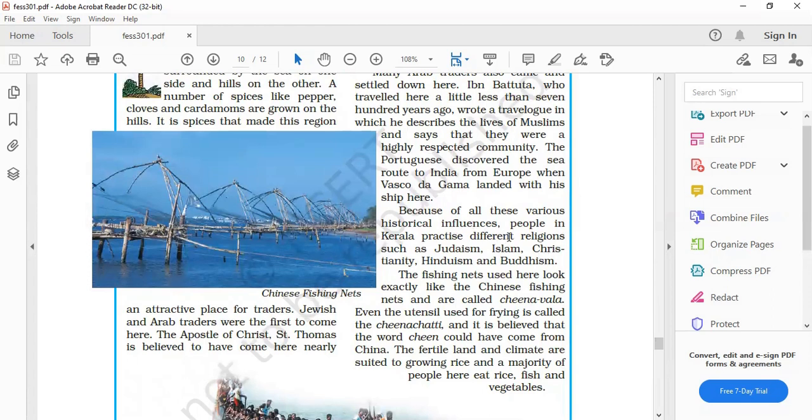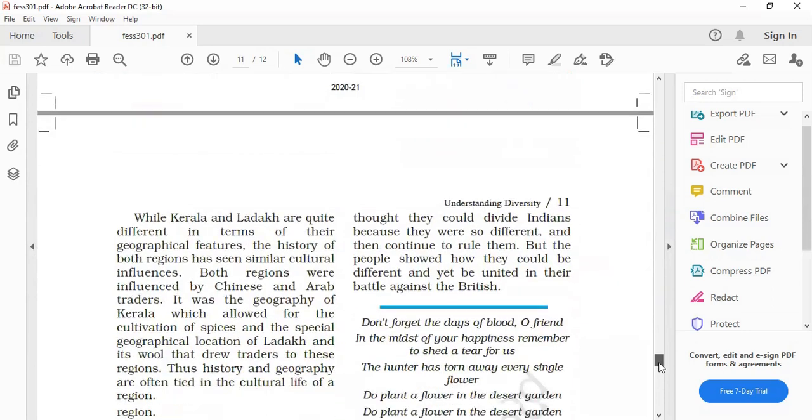See, historical influences, various historical influences. And next is a very important question, Chinavala and Chinachatti. As you all know, it's very important. Underline these words, Chinavala and Chinachatti. Okay, then we move to the next page.